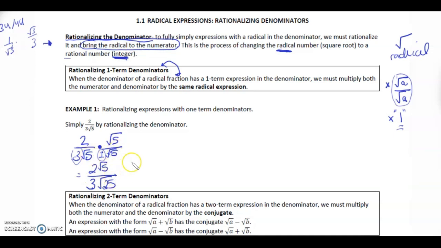So root 5 times root 5 is root 25. And if you think about root 25, so we have 2 root 5, and root 25 actually simplifies to the number 5. So our simplified expression is 2 root 5 over 15. And then that's it.